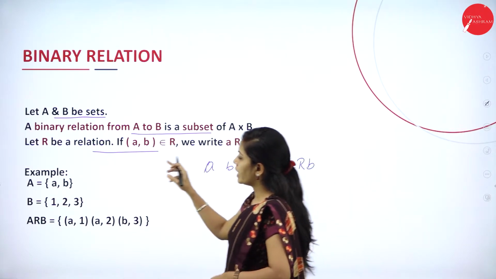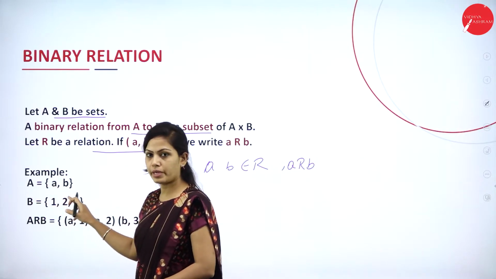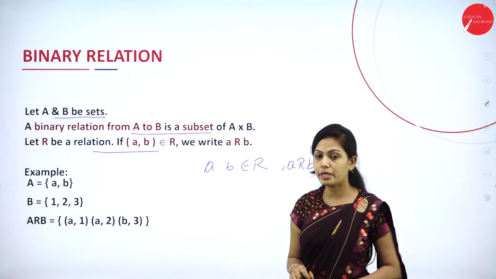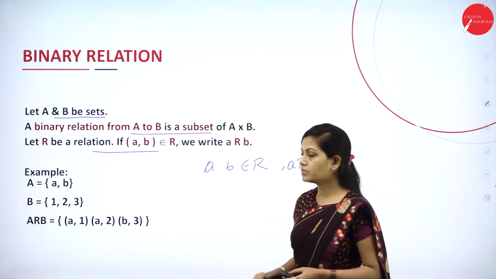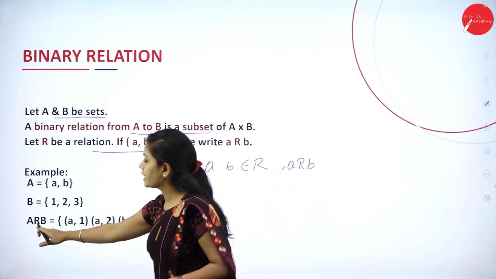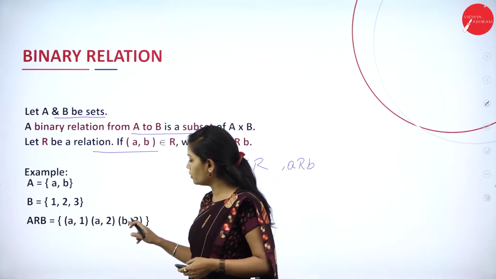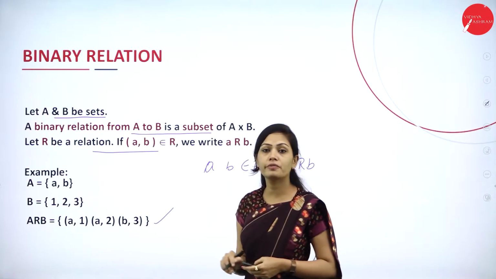For example, A is equal to {a, b}, B is equal to {1, 2, 3}. So here, what is aRb? First find the Cartesian product, and here they have given aRb, a relation b, equal to {a1, a2, b3}. Is this a subset of A cross B?